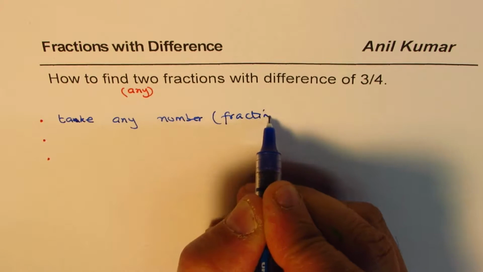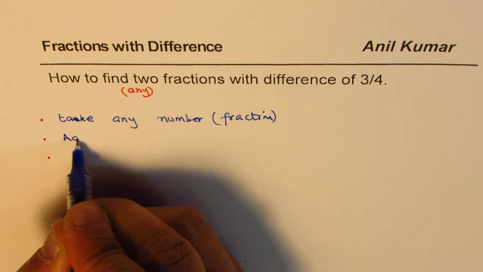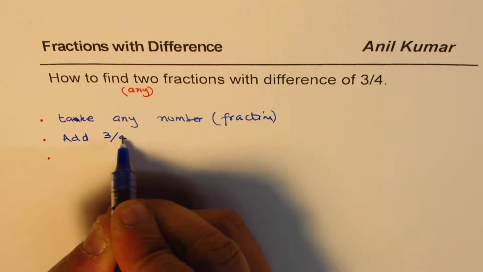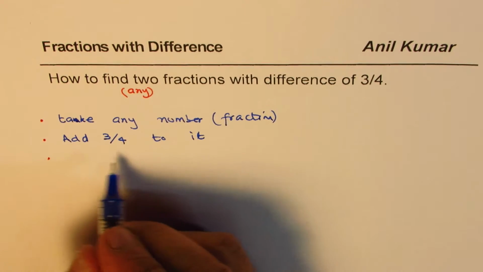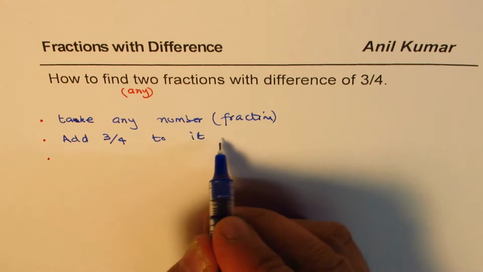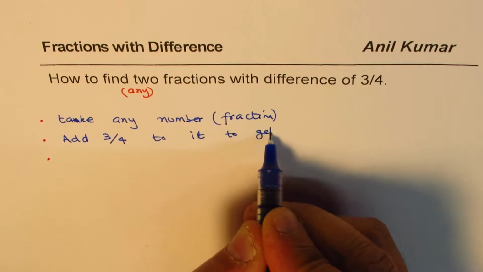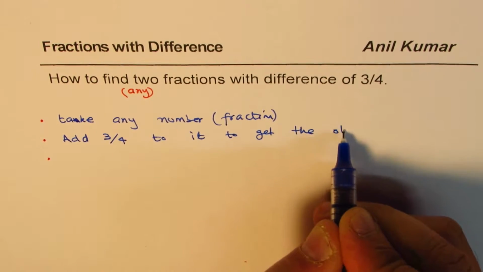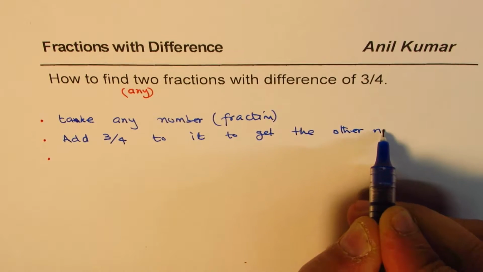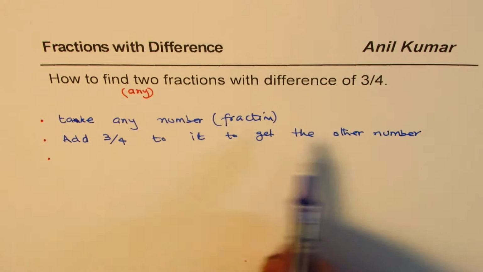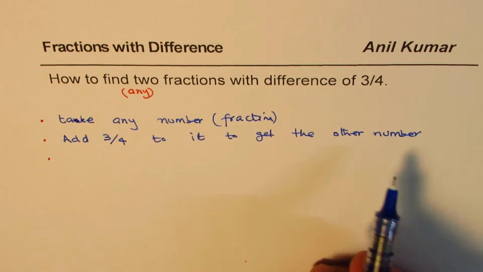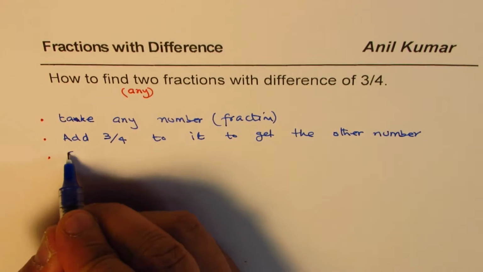Then the second step is to add 3 by 4 to it to get the other number. So you get two numbers: the starting number, and when you add 3 by 4, the final number.